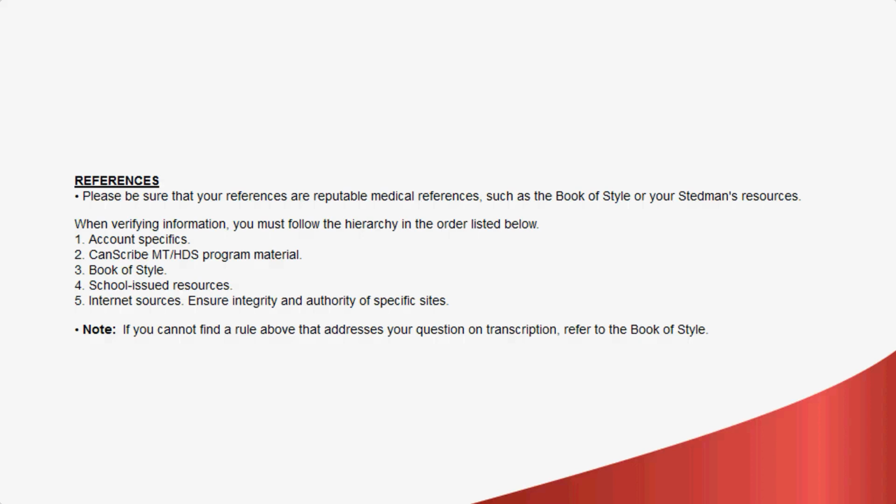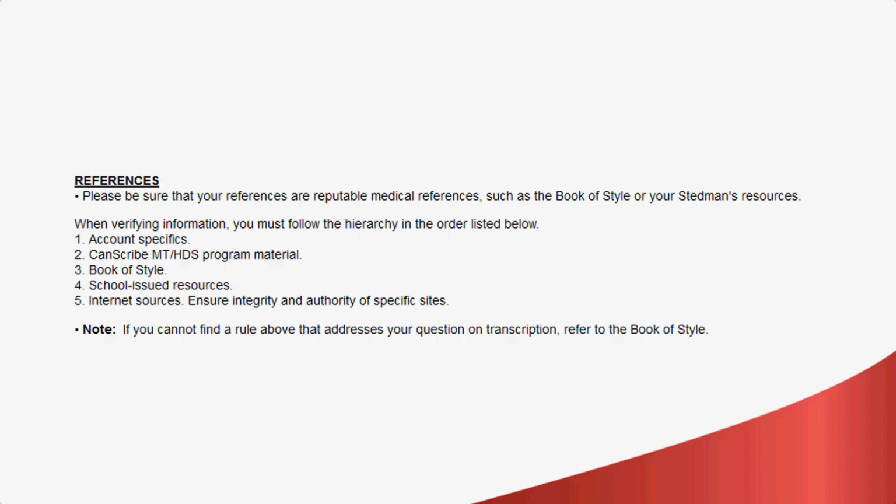If you're looking in terms of formatting things, always go to the specs first. And if you can't find it in there, then go to Book of Style. In terms of trying to find a rule in your specs, I talked about this in the last webinar, but I tend to open the account specifics and then do a Control F. So hold Control button down, hit the letter F for find. A little search bar will open.